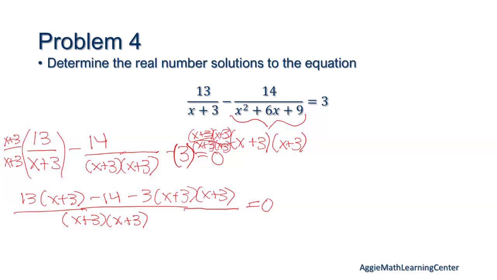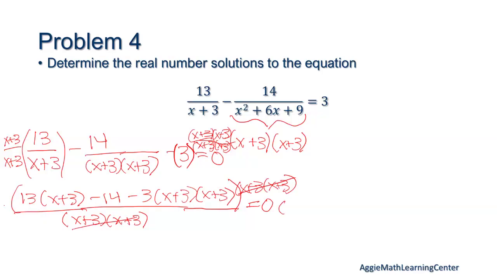Now it's all equal to 0, right? Right. Since it's equal to 0, if we want to get rid of the denominator, we could multiply it across, right? What would happen? We multiplied the denominator on both sides to get rid of it. It'd still be 0. Yeah, so if we multiply both sides by the x plus 3 times x plus 3, then this would divide to 1, right?